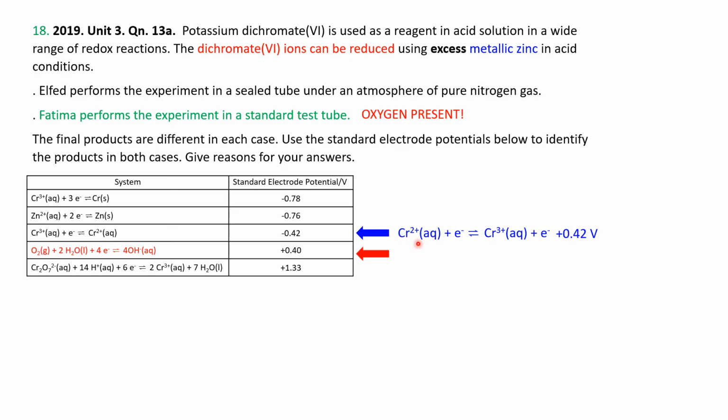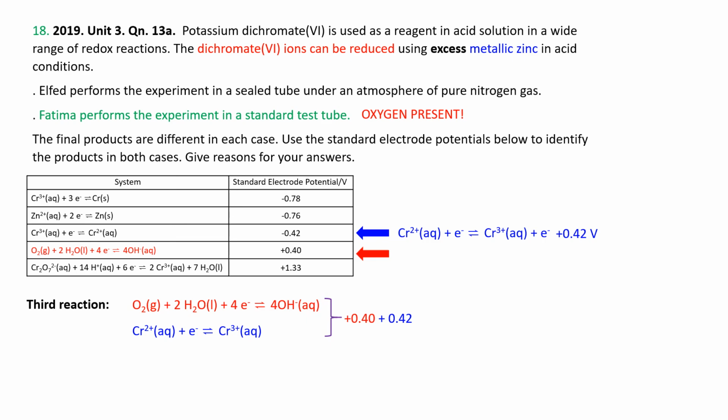And indeed, Cr2+ being oxidized to Cr3+ is plus 0.42 volts. So because Fatima had oxygen present, once she made the Cr2+, now we can go ahead with a third reaction, Cr2+ being oxidized to Cr3+, because the oxygen is itself being reduced, and the cell potential for that is plus 0.82 volts.